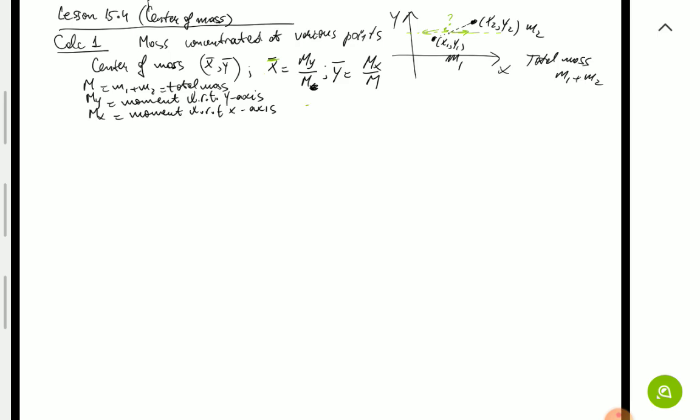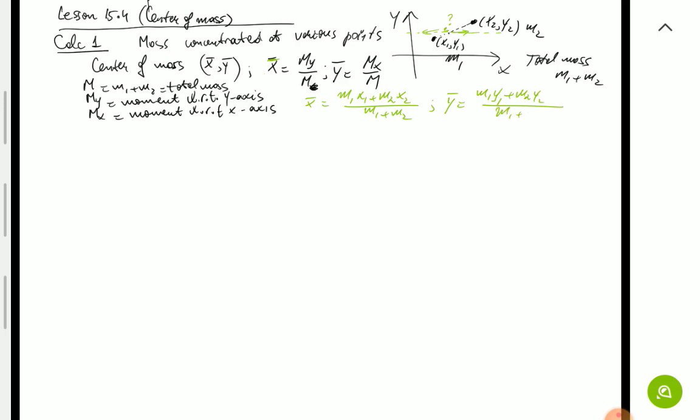In the discrete case, x bar is m1 x1 plus m2 x2 over m1 plus m2, the total mass, and y bar is m1 y1 plus m2 y2 over m1 plus m2, the same idea, balancing with respect to the x-axis.